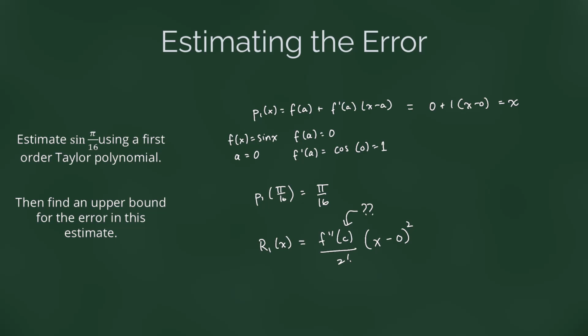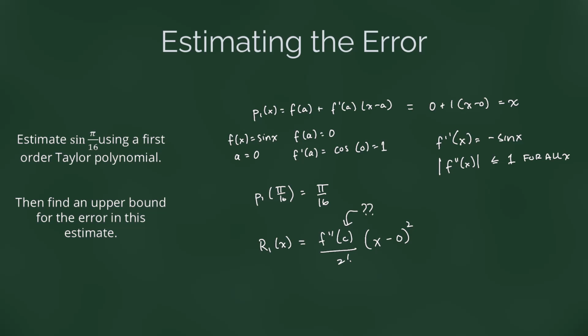However, we know that f double prime of x is going to be equal to the negative sine of x. Well, the absolute value then of f double prime of x is less than or equal to 1 for all x.